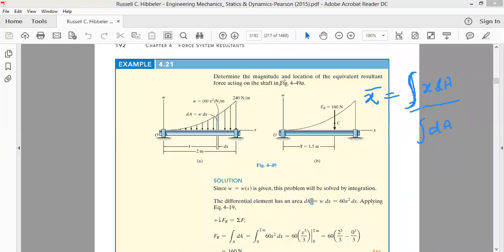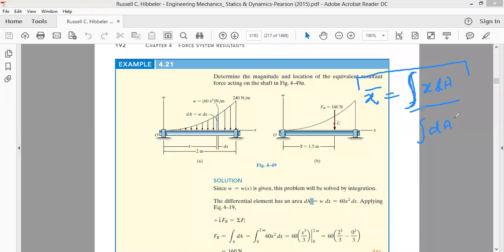Now, in order to answer part 1, why we said that the resultant force acts at the centroid, the answer lies in the formula for the centroid itself. If we look at this formula, x bar, we said it is the x coordinate of the centroid, and we have said that the centroid is a point where the resultant force acts.